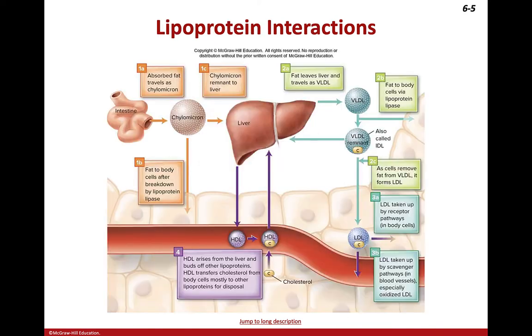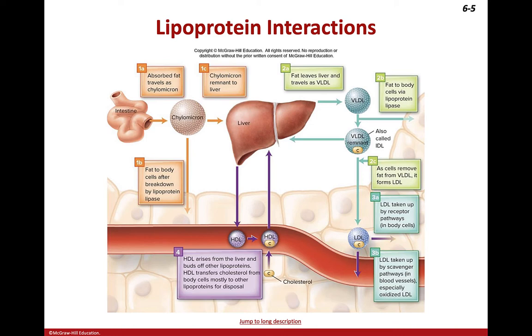Now, when we look at the interactions of the lipoproteins, there's a couple of things that I want to keep in mind. So the first thing that I'm going to do is give us a run through of the actual interaction. The first interaction is chylomicrons carry absorbed fat to body cells.